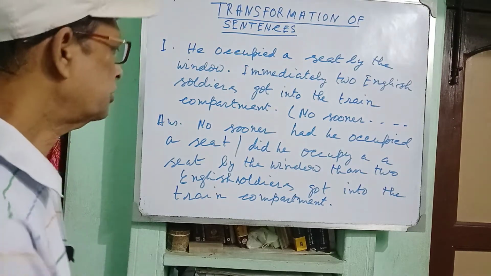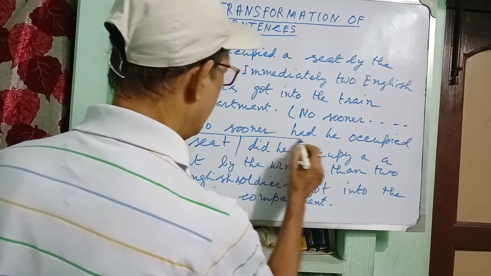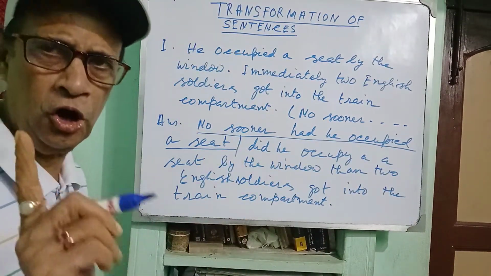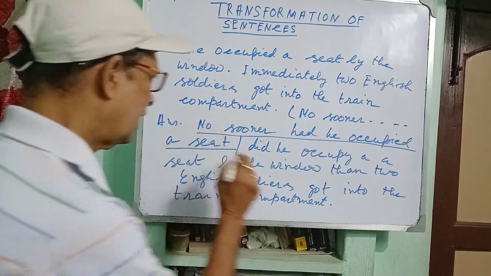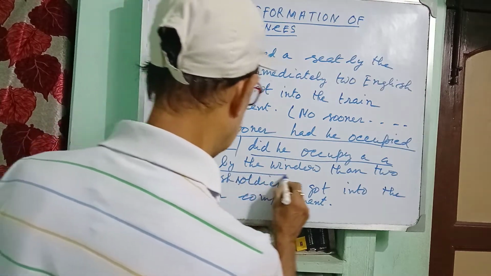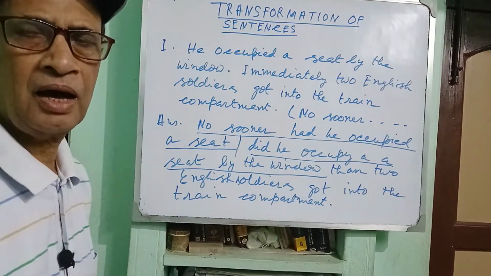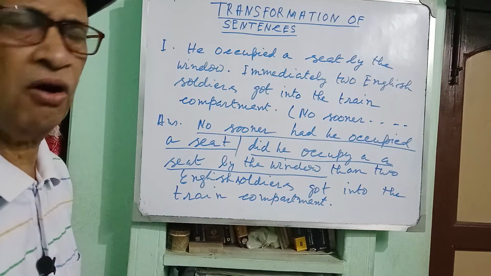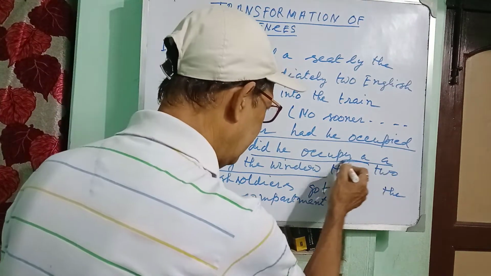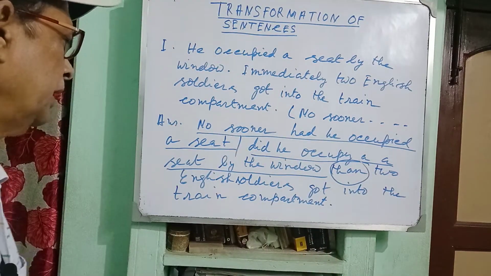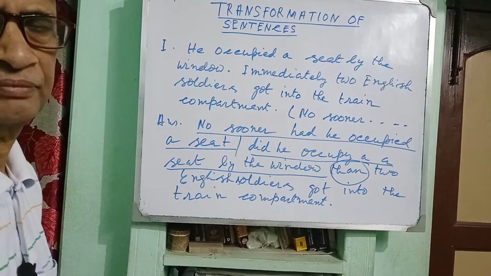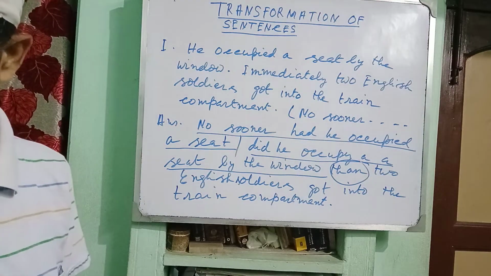This is the rule. You see, no sooner had he occupied a seat, or no sooner did he occupy a seat by the window, then two English soldiers got into the train compartment. This should be the construction.